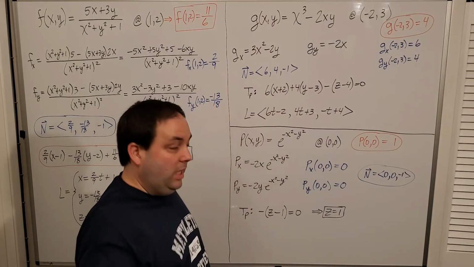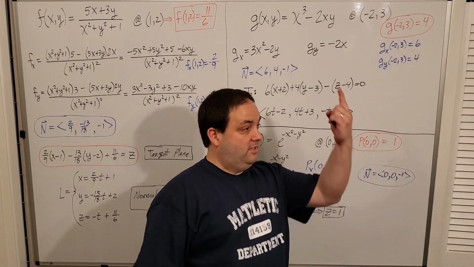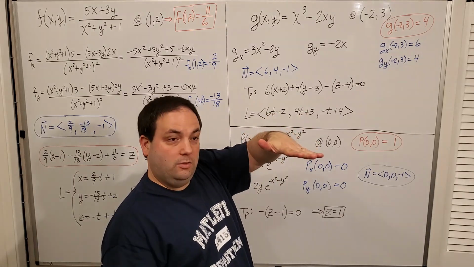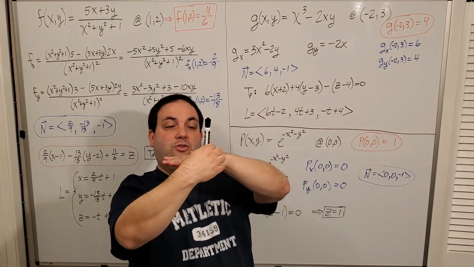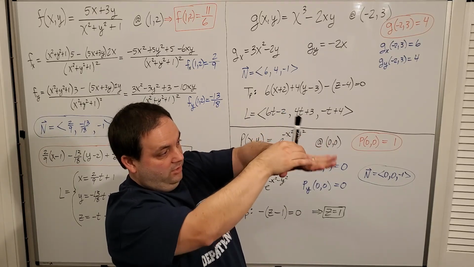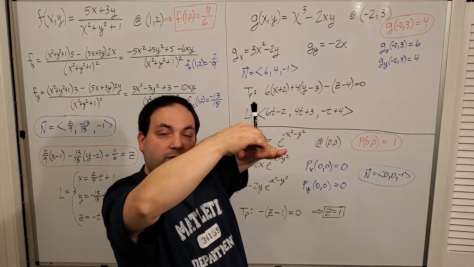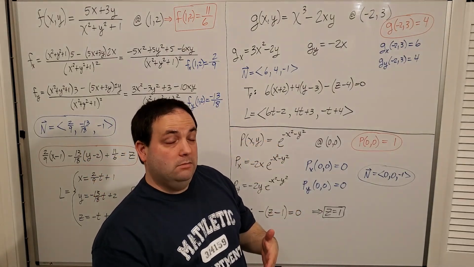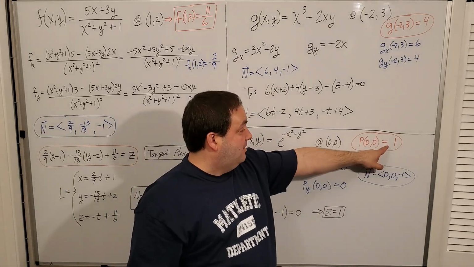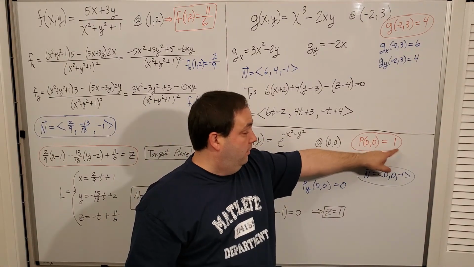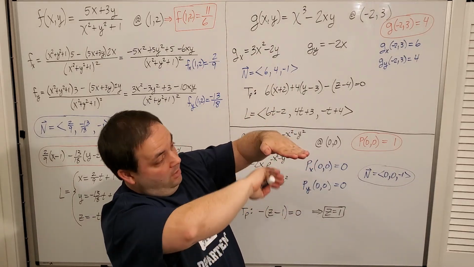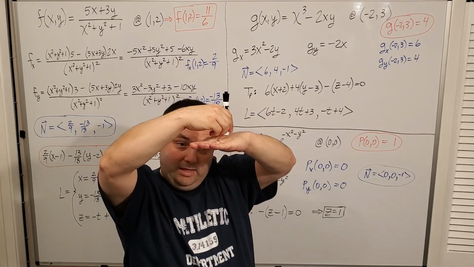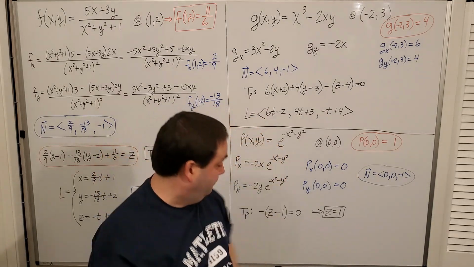If I'm doing a tangent plane and we've come up with a normal vector that's completely in the up or down direction, that means I'm getting a horizontal plane, right? Because the vector's sticking straight up in the z direction. So what does that mean? It means my plane must be completely horizontal, or rather parallel to the xy plane, right? And it's at this z value of 1. So it's sitting right on top of probably a mountain, or a hill of some sort, and it's making the tangent plane horizontal.